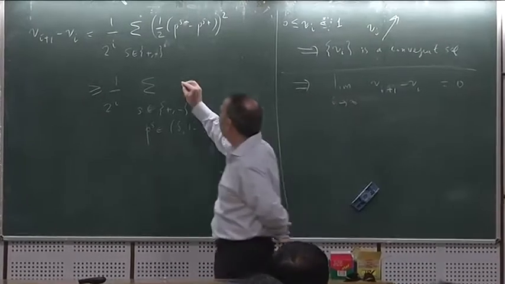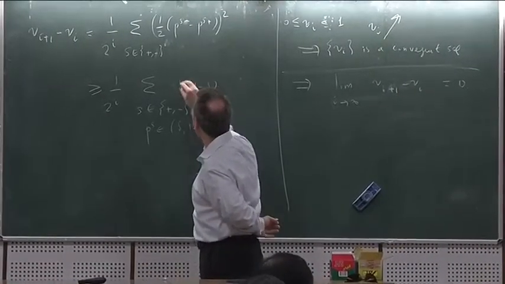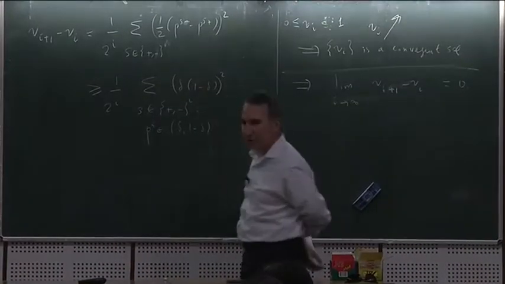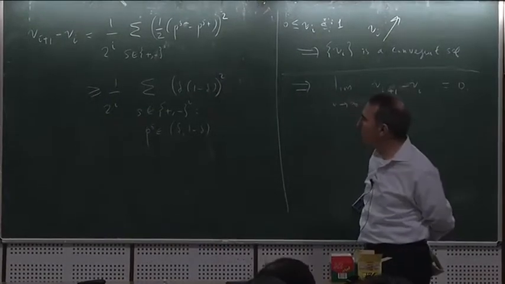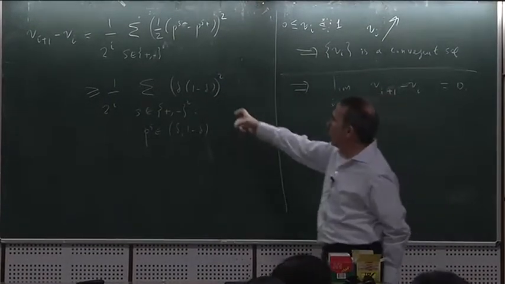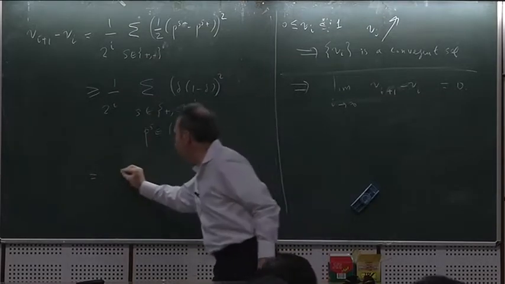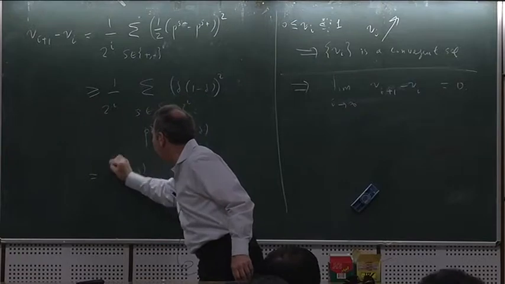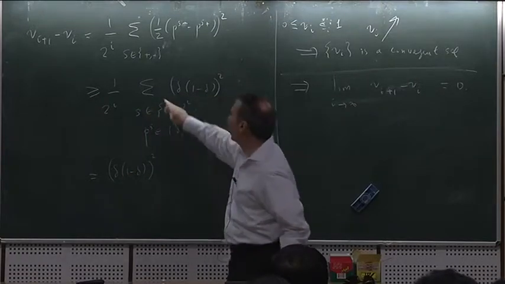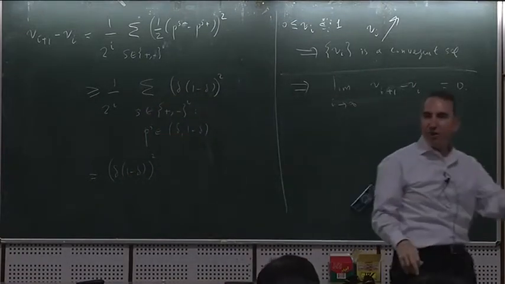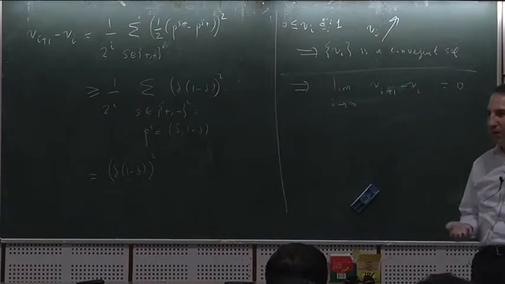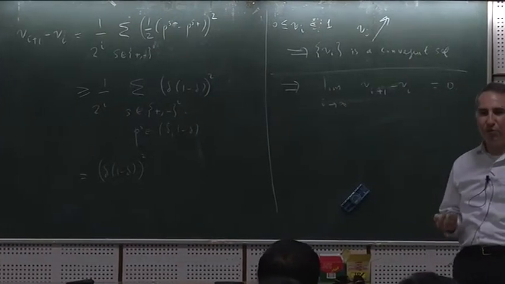So I get here a number which is delta times 1 minus delta, squared. Now let me take this delta times 1 minus delta, squared, out. And now in the summation, I'm counting how many of these p_s's are mediocre.